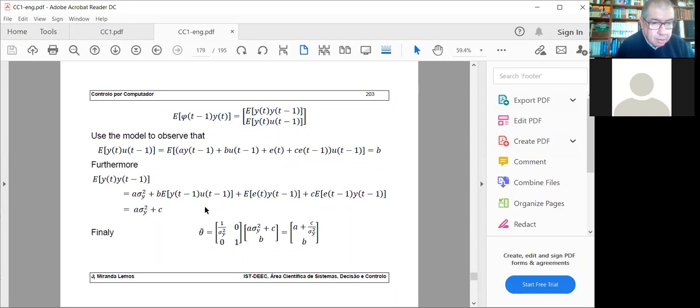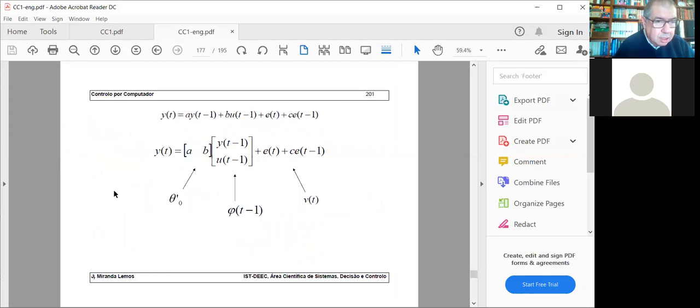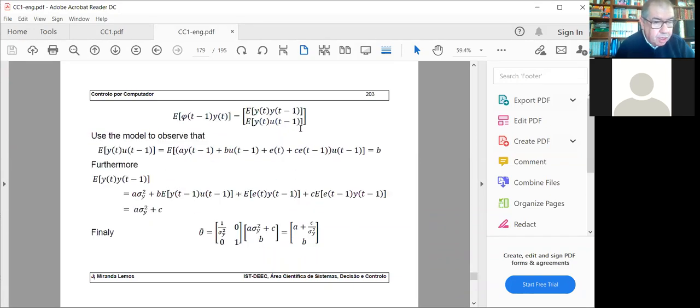What do you get? I should have written here the elements, but y of t, remember, let's look at the model, is a y of t minus 1, b u of t minus 1, e of t, c e of t minus 1.